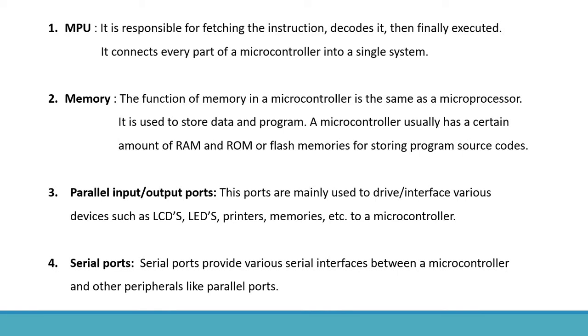It is used to store data and program. A microcontroller usually has a certain amount of RAM and ROM or flash memories for storing program source codes. Your RAM is nothing but read or write memory. ROM is nothing but read-only memory.